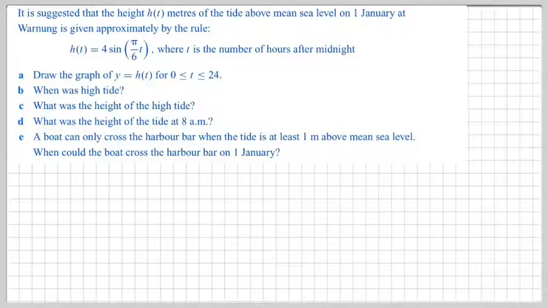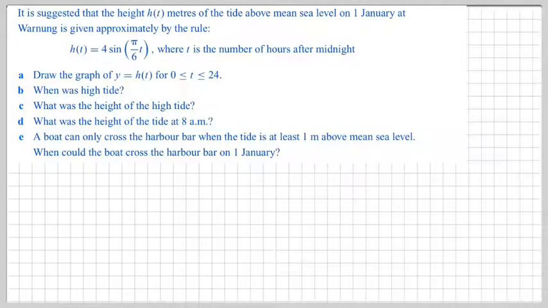Okay, so when could the boat cross the harbour on the 1st of January? Okay, I think I get that, don't you? That's a bit knotty, but we can sort it out for sure. No problem. Now, come on, pause and go and come back, right? I'll wait for you.